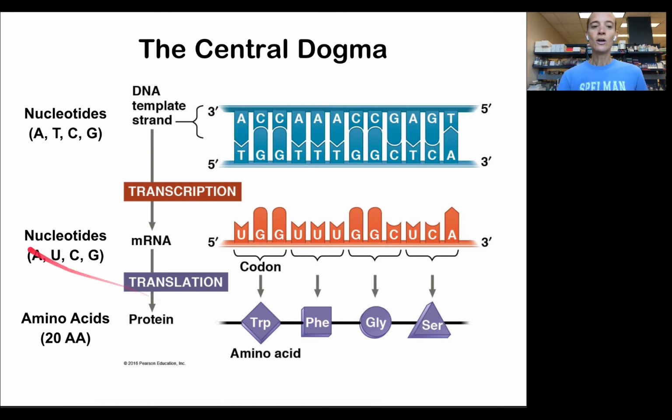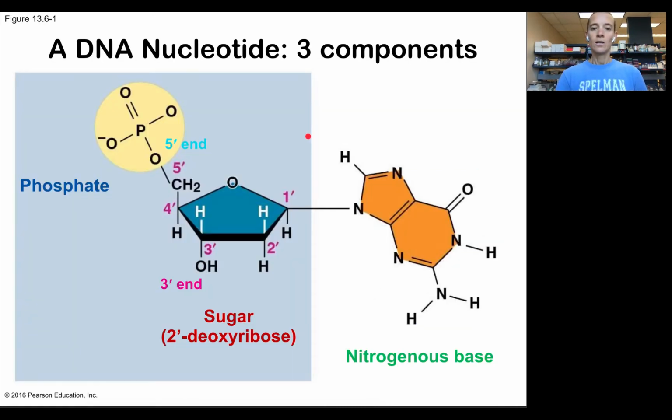So we're going to be talking about these nucleotides in particular right now and the whole structure of the double-stranded DNA. So a nucleotide is actually composed of three items: a nitrogenous base, which will be determined, as you well know, as A, T, C, or G, a sugar, which in the case of DNA is a deoxyribose. In particular, it is the 2' deoxyribose.